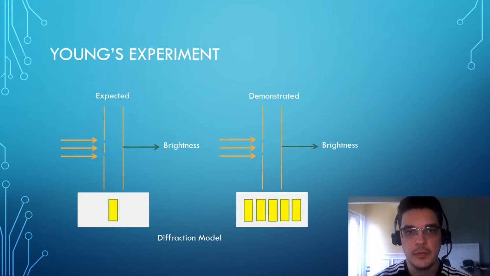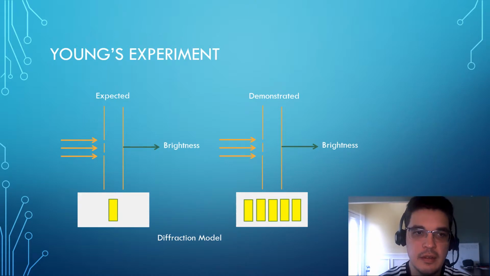An experiment using a beam of light passing through a double slit was made, and the scientists initially thought the light would produce a single spot of brightness. However, when this experiment was performed, the result was that multiple bright spots were produced.